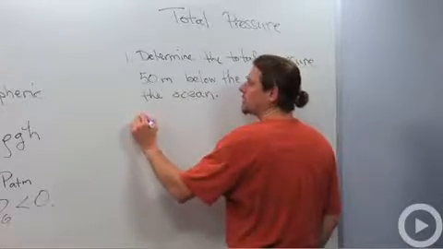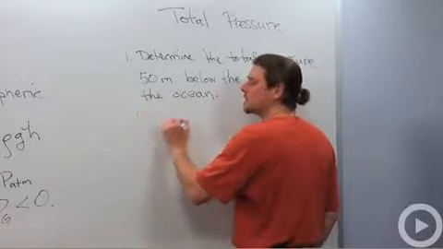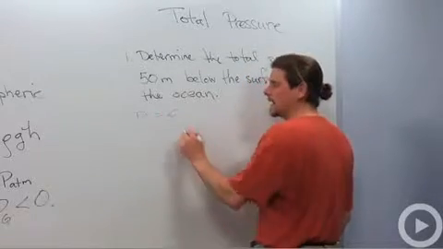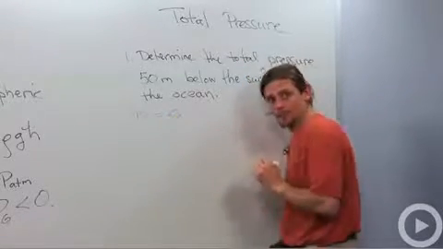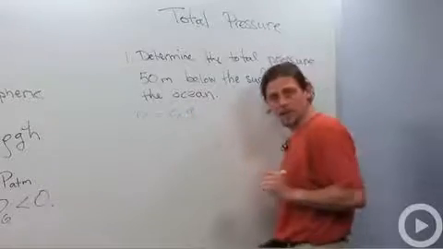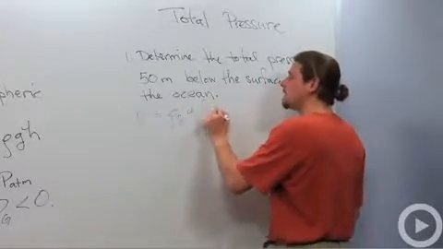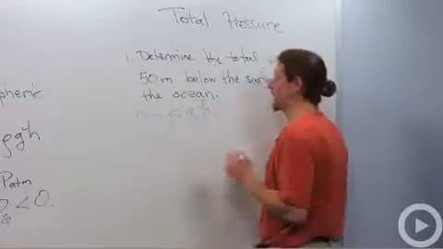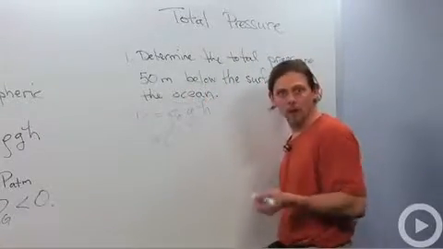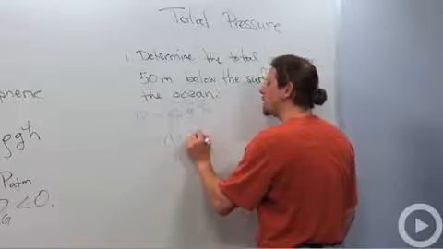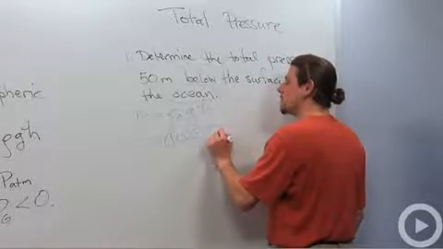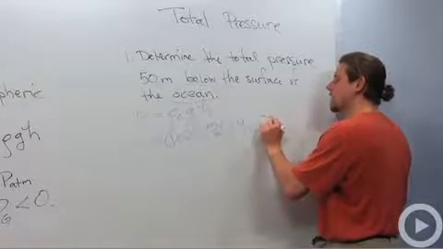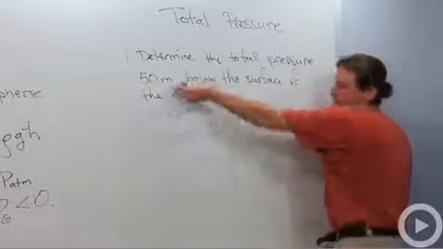I'll say, well, the pressure will be equal to density of ocean water times acceleration due to gravity, times height. Now I'm going to actually use the density of ocean water here because it says ocean, right? So we'll say 1025 kilograms per cubic meter, 9.8 meters per second squared, and what do we got? 50 meters.